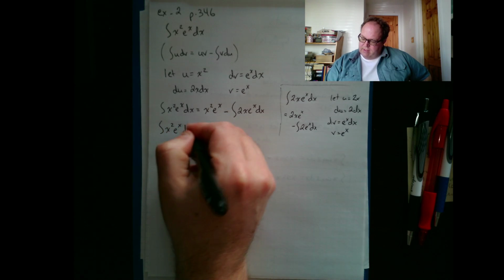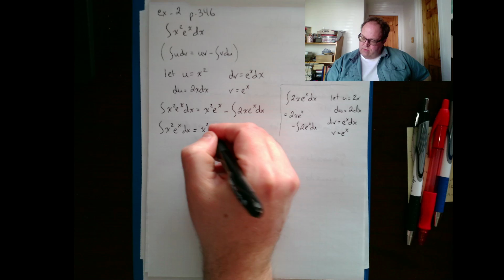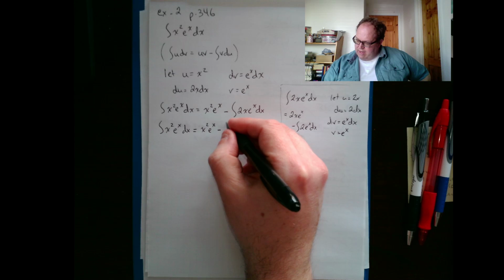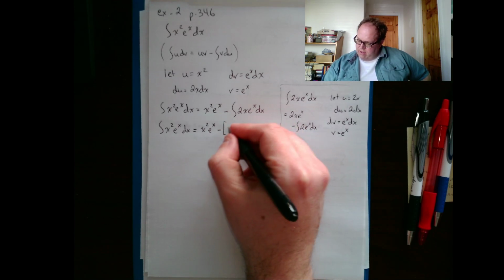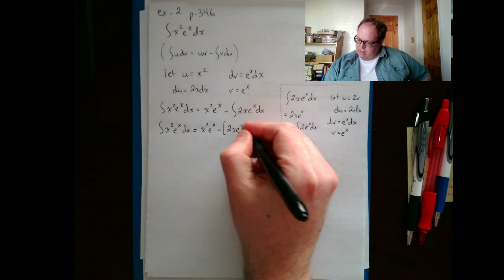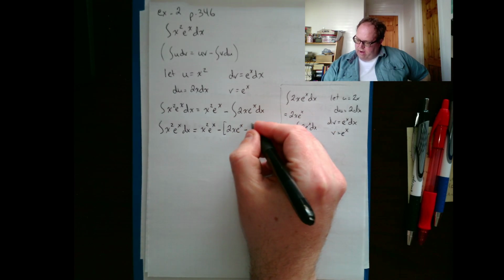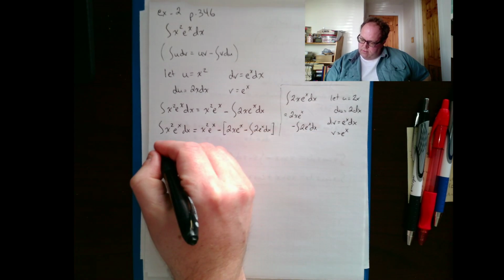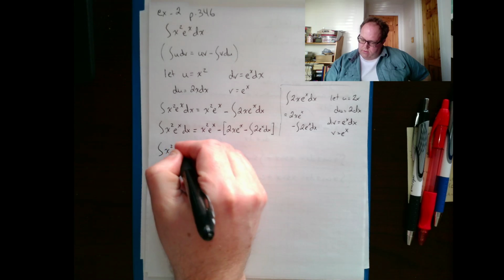The integral of x squared e to the x dx equals x squared e to the x minus all this. I'm going to stick that in brackets because I'm subtracting everything here: 2x e to the x minus the integral of 2 e to the x dx. Ooh, churning.